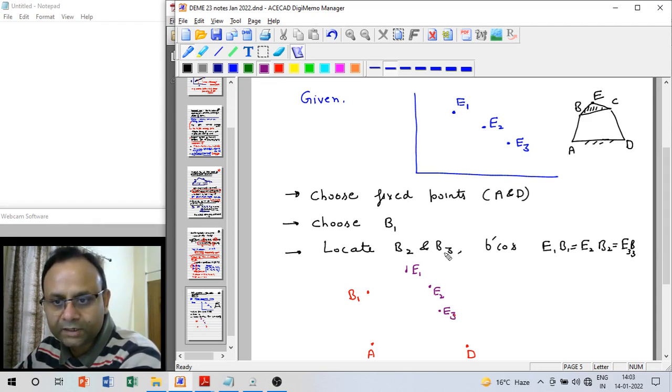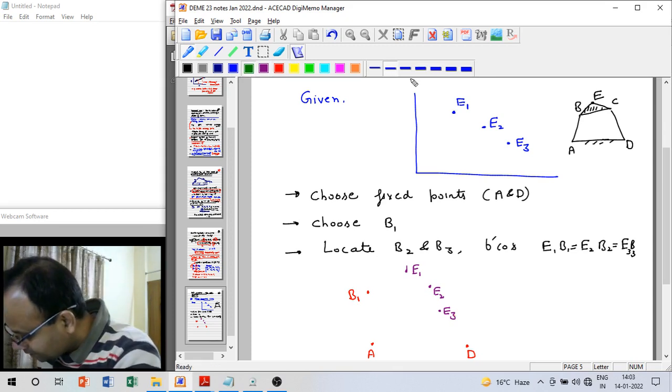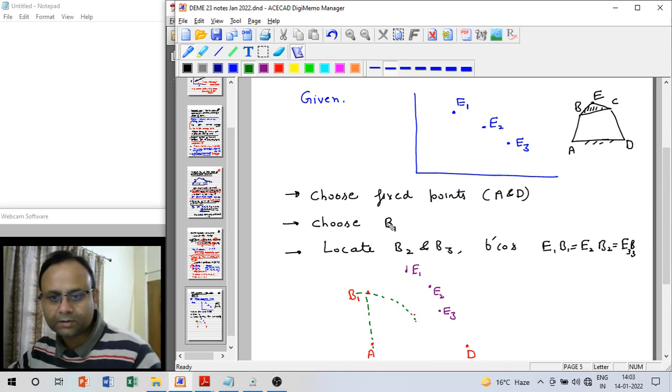Now we will locate B2 and B3. How we will locate B2 and B3? See, point B is always going to be on this arc, because A is fixed, AB is going to remain fixed. So B will always be on this path. And BE is fixed.